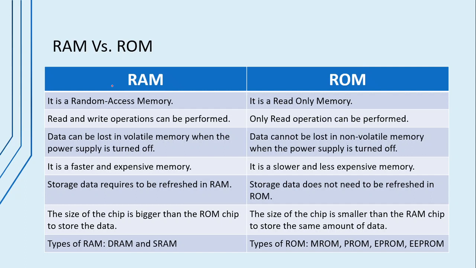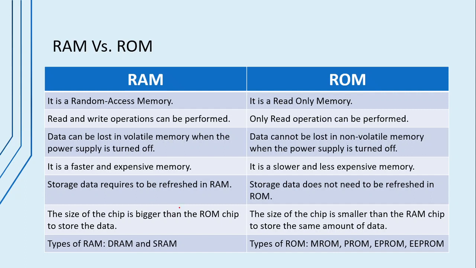RAM is an example of volatile memory. ROM is an example of non-volatile memory. RAM is faster but expensive. ROM is slower and less expensive. In RAM, the stored data needs to be refreshed. Here the refreshment is not required.